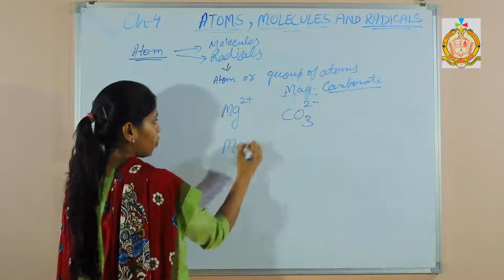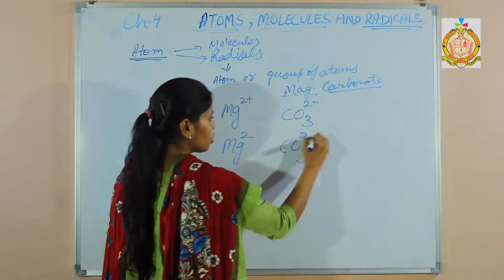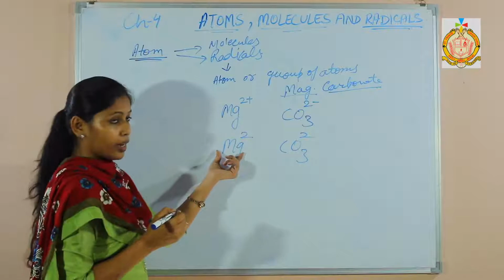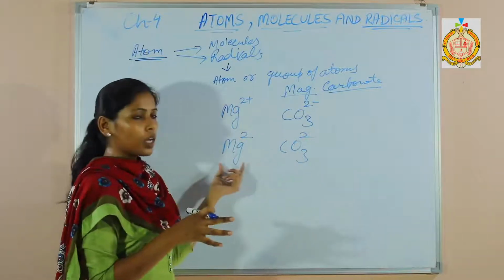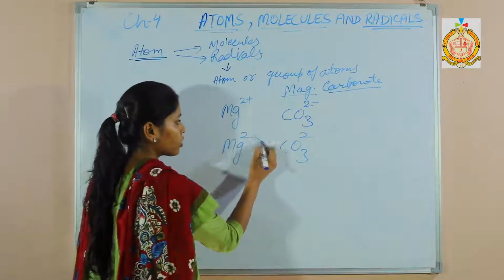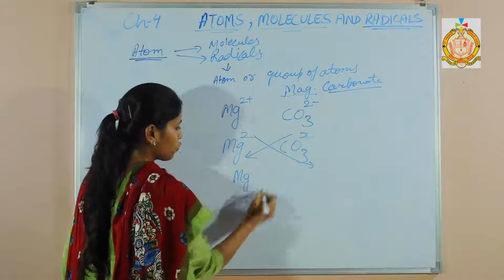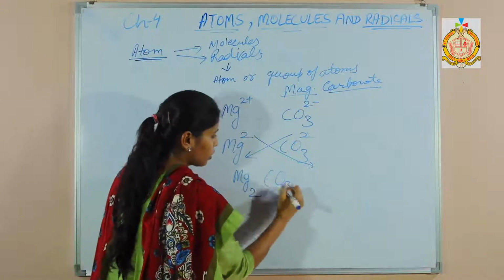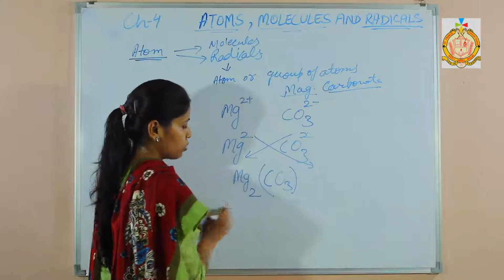So remove the signs, valency is Mg 2, CO3 2. Now you can see this is an atom, this is a group of atoms, both are radicals. Then exchange the valencies, it will become Mg, this 2 will come here, CO3. Then there is a need to put a bracket because there are more than 1 atoms.